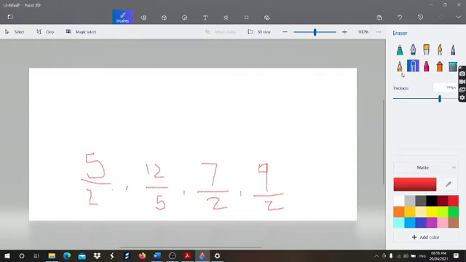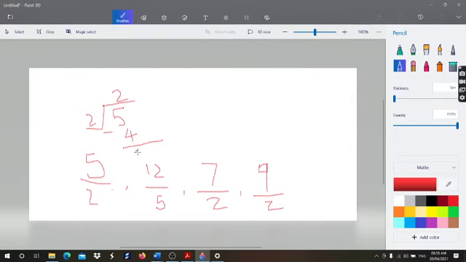You see, 5 upon 2 means 5 divided by 2. When you do 5 divided by 2, 2 twos are 4, when you subtract it, you will get 1 remainder. So how does it become a mixed fraction, right?